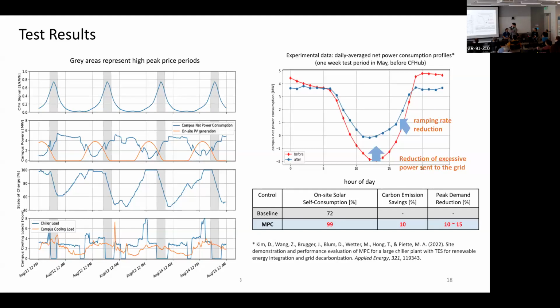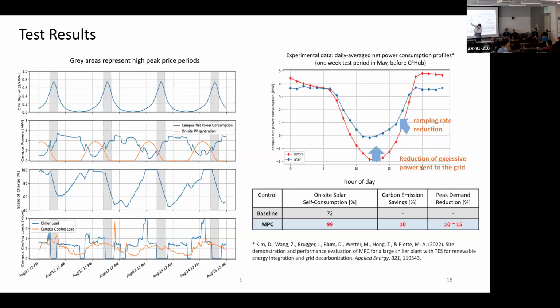There are a couple of things I wanted to emphasize, but the two major messages are: when the electric price is high, it tries to shut down all the chillers, as expected, and also the renewable.